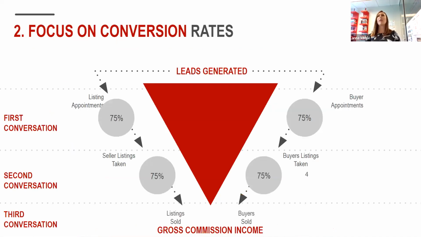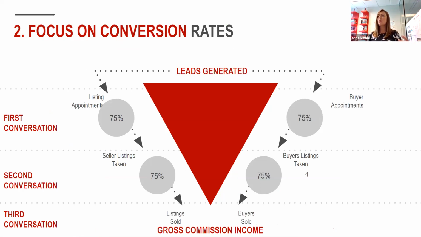So as we're putting together all of this data to figure out what our model is and our path to hitting 100K a year, we've got to look at what happens inside of the buyer and seller cycle too.